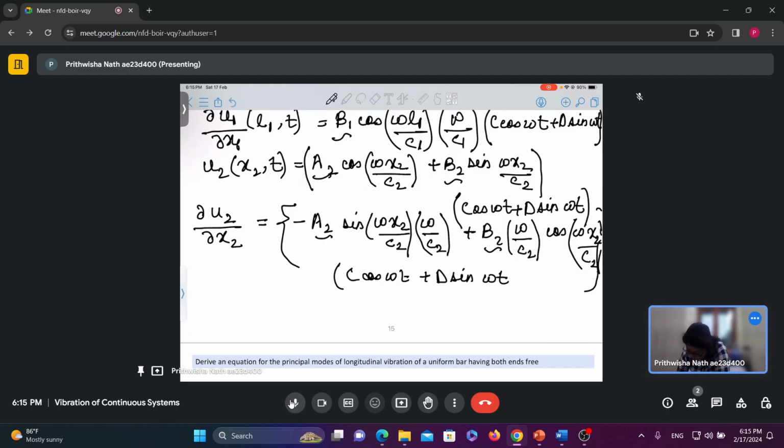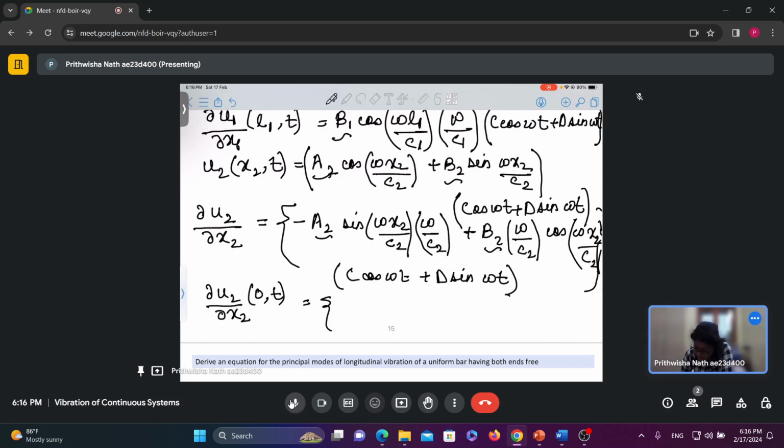So at 0, t, in place of x2 I will put 0. The sine term in this equation becomes 0.